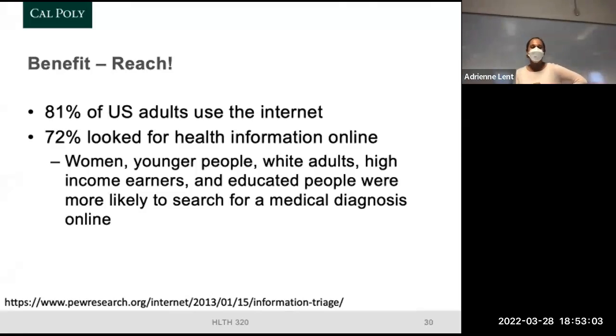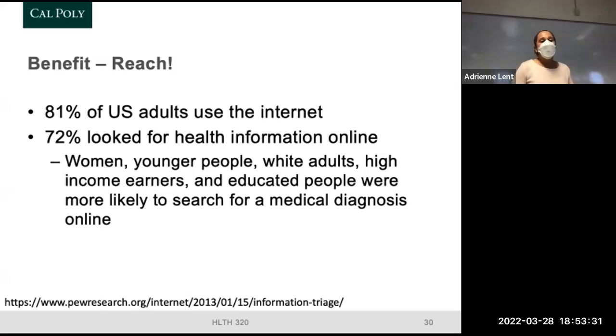So one of the biggest benefits of technology is reach, right? We can reach all of these new people. And in terms of who is using the internet, most people in the US are using the internet. This data, I think, is from 2013, so I would expect this number to be even higher than 81%, but most people are using the internet.